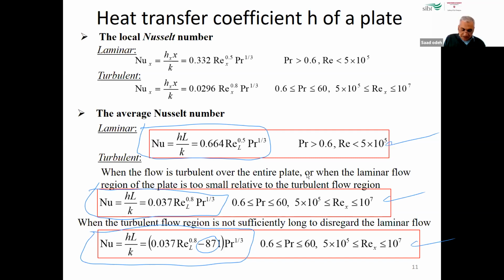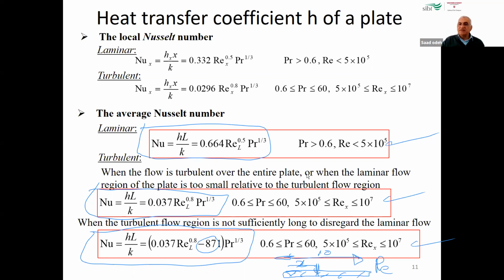Say we have a plate like this. If the whole length is, for example, 10 meters, and you apply 10 meters and find the Reynolds number, you find you are in laminar flow.